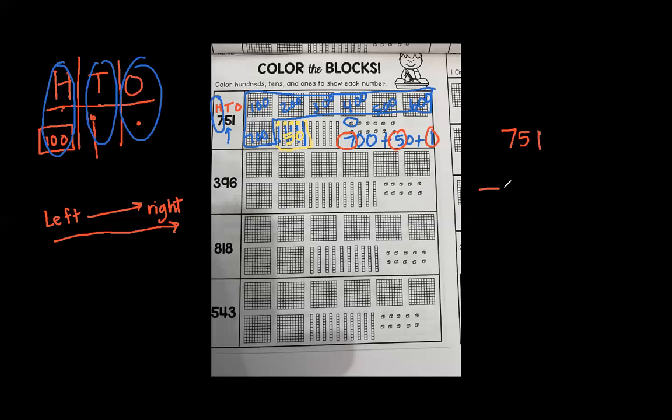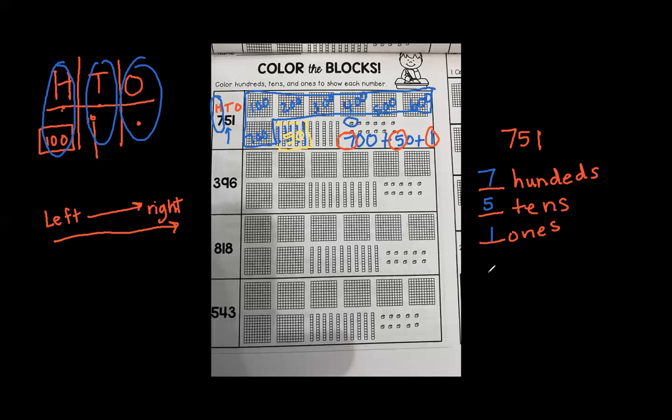If we were to look at hundreds, tens, and ones, we would say there are 7 hundreds, 5 tens, and 1 one.